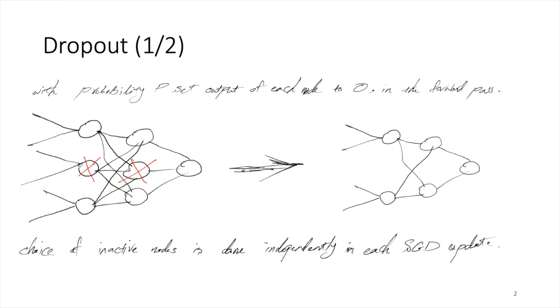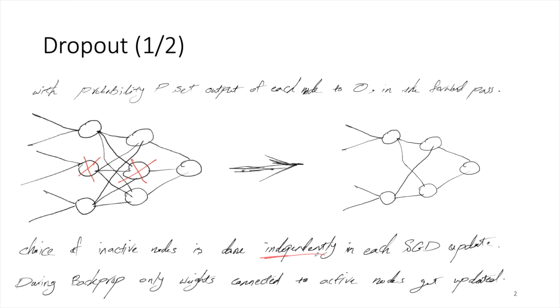Also, the choice of inactive nodes is done independently in each SGD update. So it's going to add even more of another element of randomness, because it's independent for each of the SGD updates, the stochastic gradient descent updates.